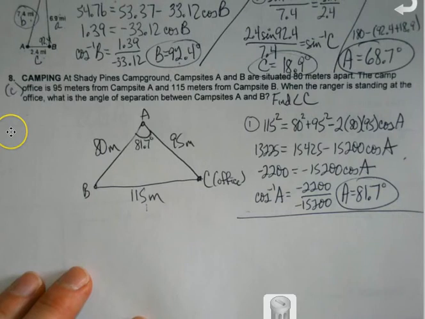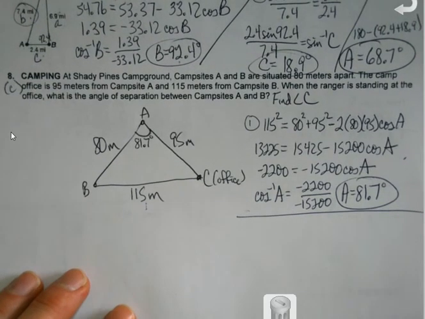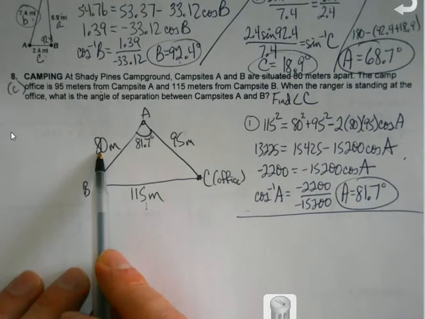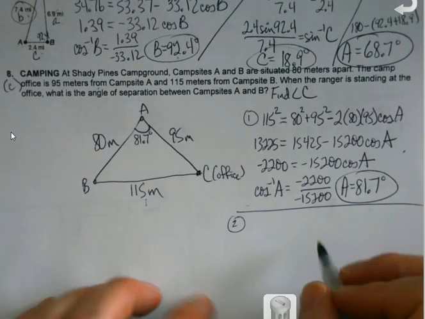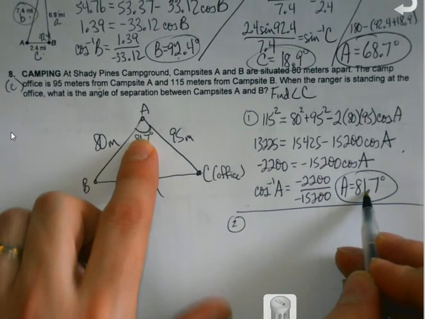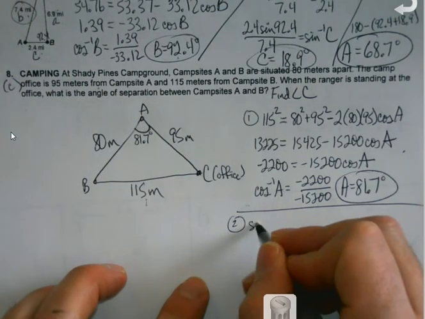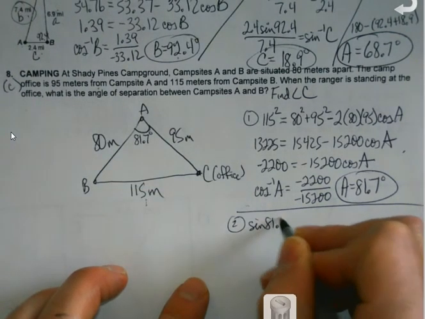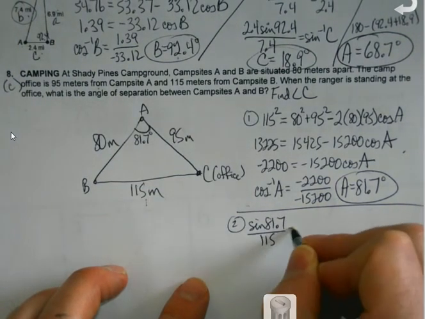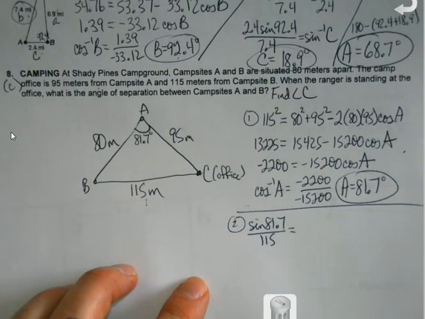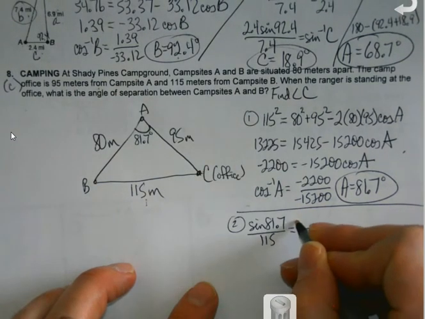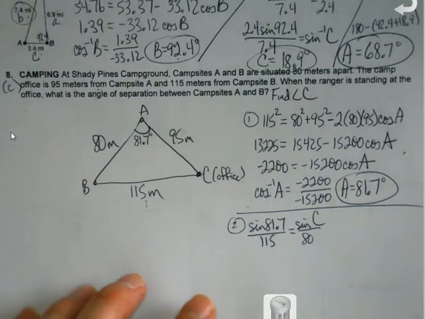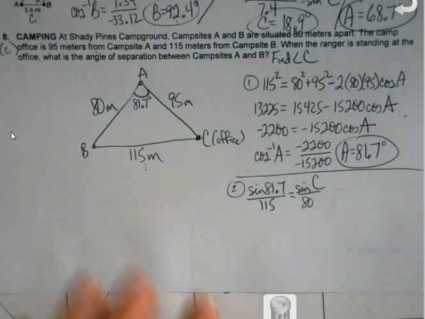I'm much happier this time because I go back and look at my diagram and ask, what angle am I going to find next? Woo, I get to find C because there's my shortest side. So no having to do extra stuff this time. I've got my corresponding side and angle. Now I've got side C, and I'm going to find angle C, and I'm going to be done. Hooray.